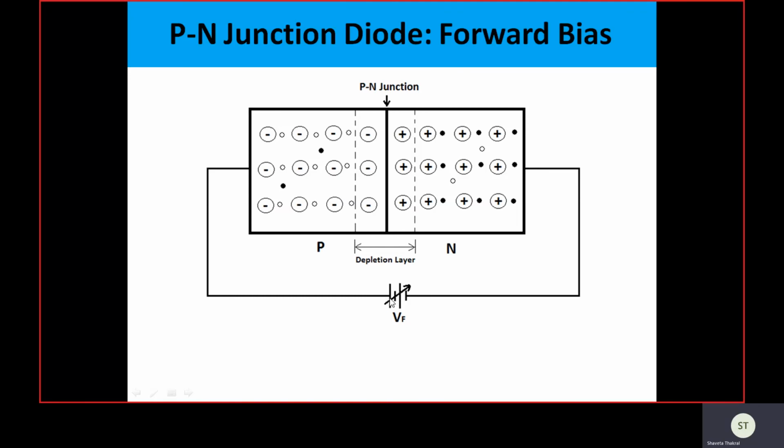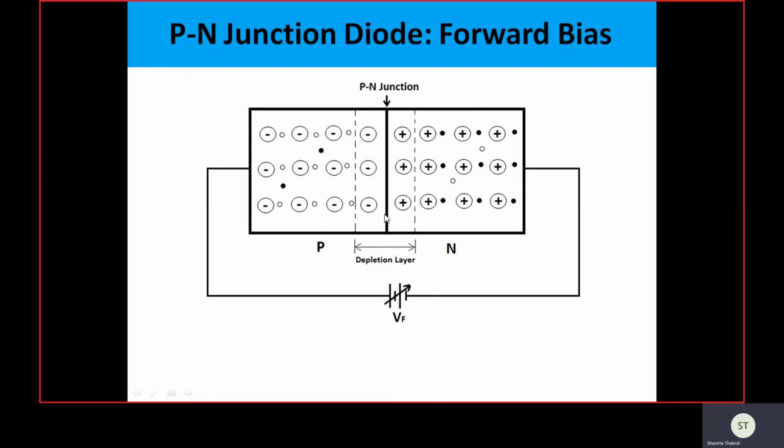That means we are applying the external potential in the opposite direction to the electric field at the junction. So the potential barrier breaks down when we apply a voltage greater than the junction barrier potential, that is, the cut-in voltage.